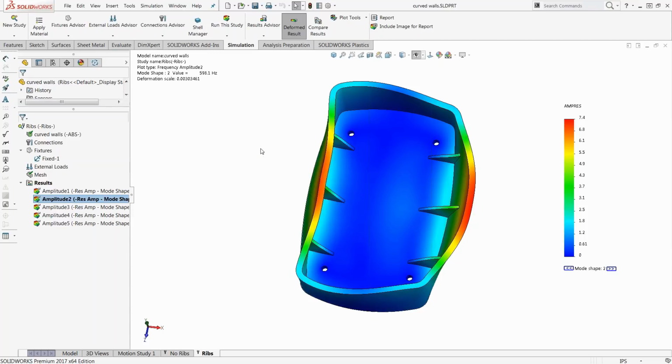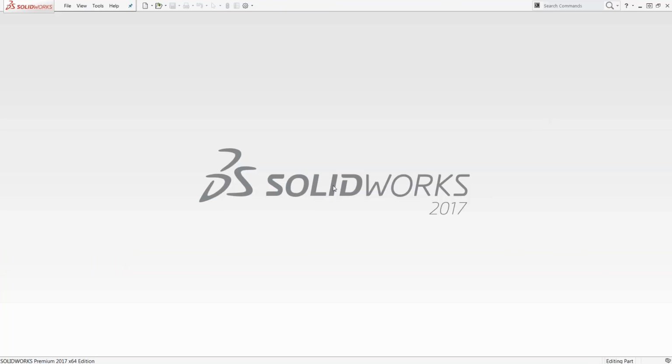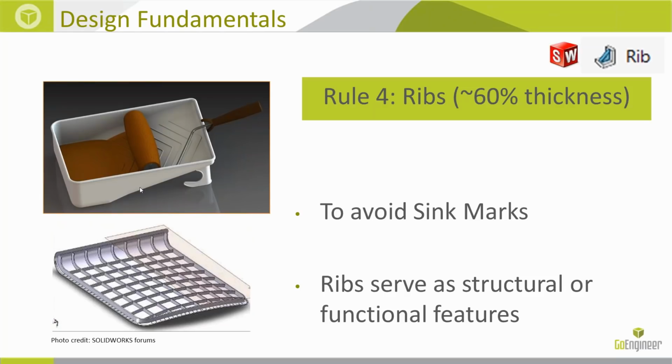The second one has increased almost 15% to 600 Hertz. So making slight design changes with ribs following the design guidelines that Amee just spoke about can help improve the structural stiffness of your design significantly.